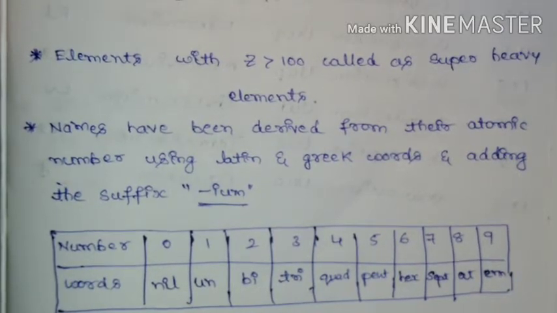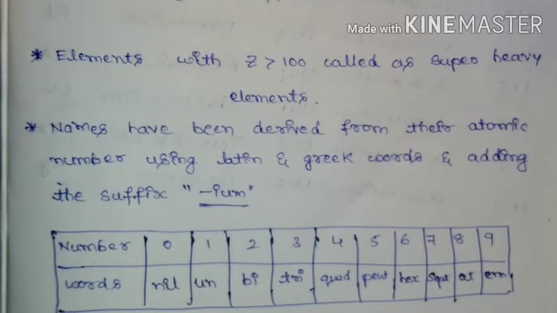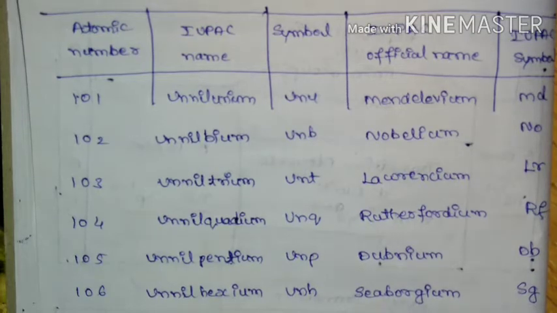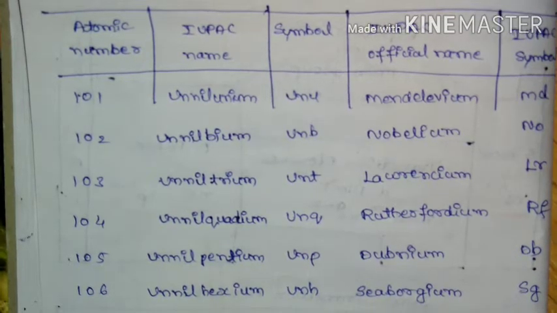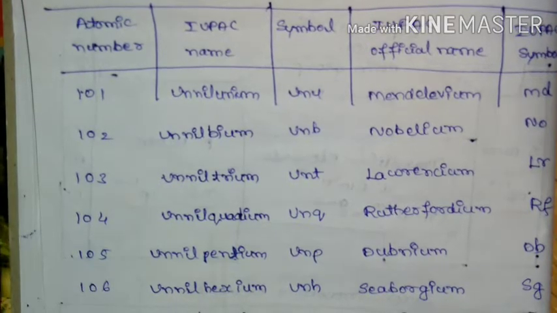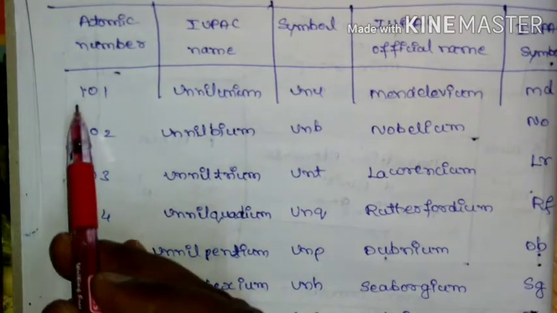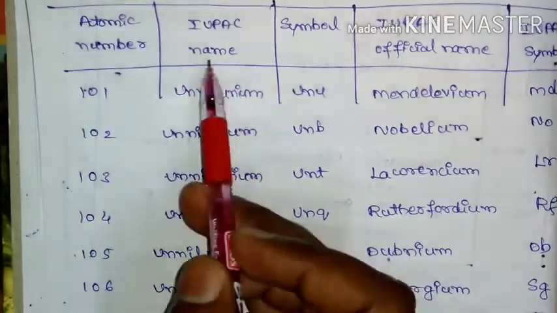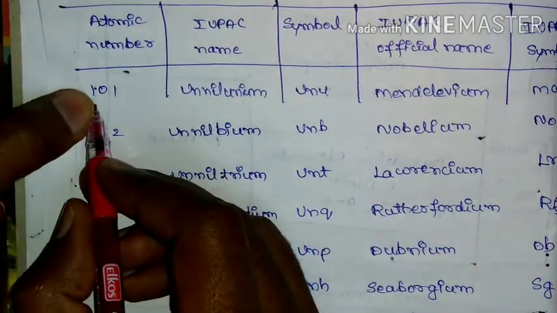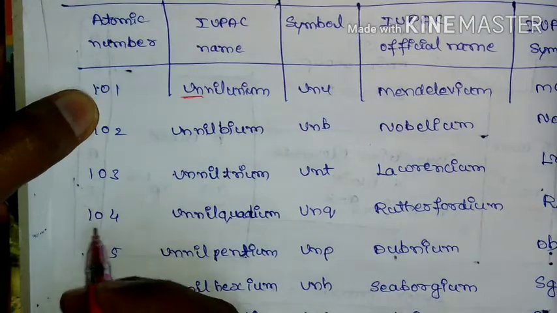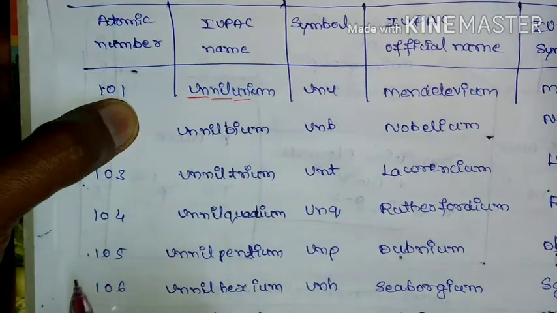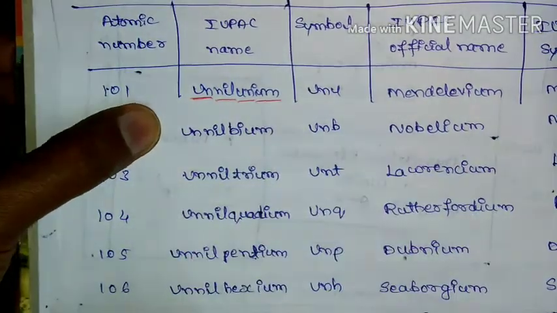Now we will see what are those 18 elements which come under super heavy elements. Here is the table of super heavy elements, starting from atomic number 101 to 118. For atomic number 101, IUPAC has given a name based on the atomic number: 1 is un, 0 is nil, 1 is again un, and the suffix is ium.